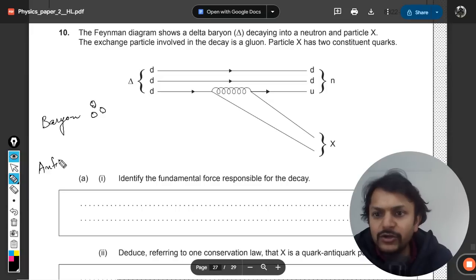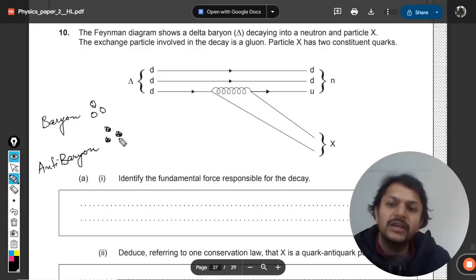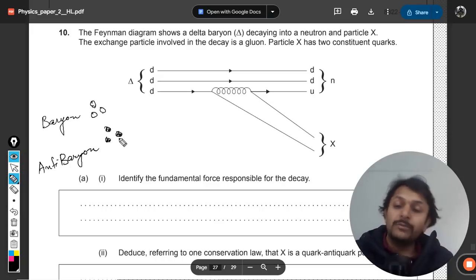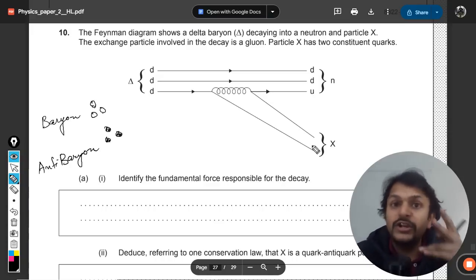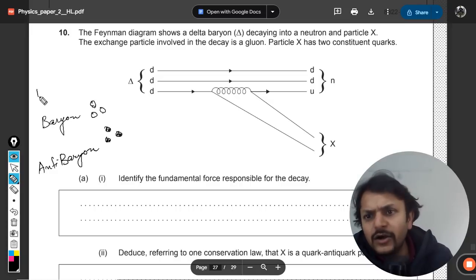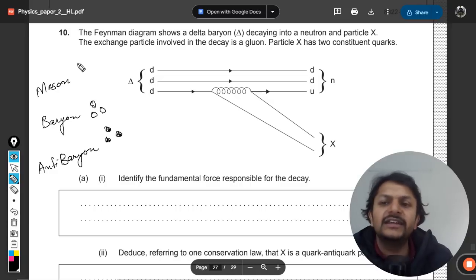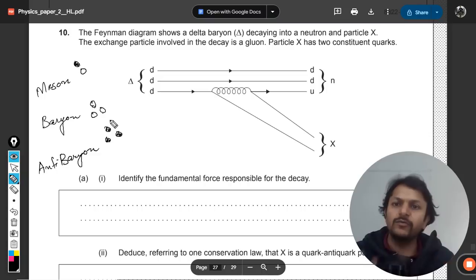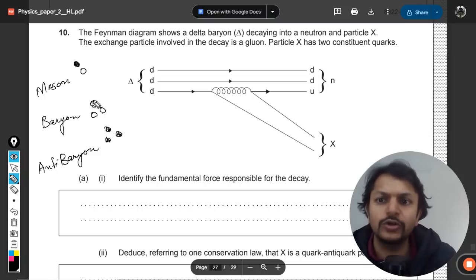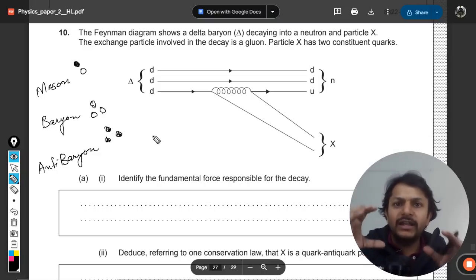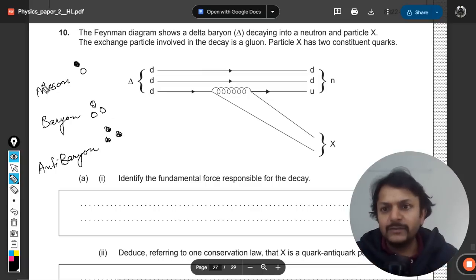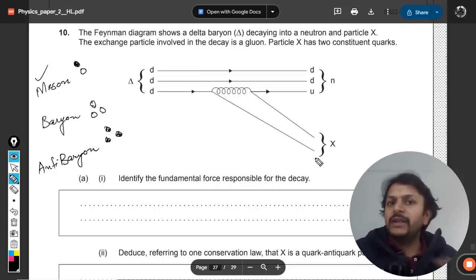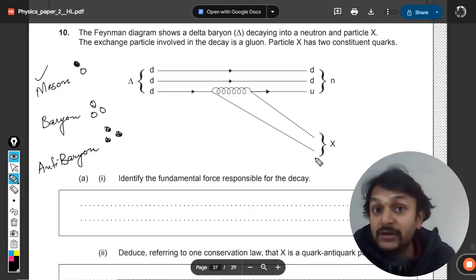Then there are antibaryons, which use three antiquarks. But here there are only two particles, and the third category is the meson, in which one is the antiquark and one is the quark. So when a quark and antiquark come together, that is a meson. So clearly from the diagram it is 100% sure that it will be a meson.